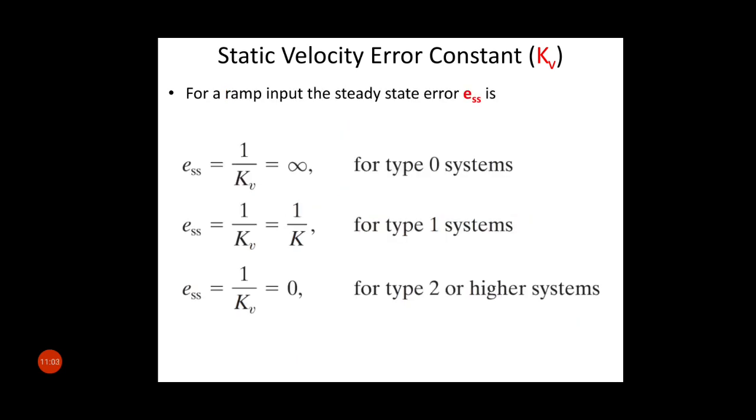So for a ramp input the steady state error ESS in terms of static velocity error constant is equal to infinite for type 0 system, and for type 1 system this steady state error equal to 1 by K, and for type 2 and higher order system this steady state error is equal to 0.